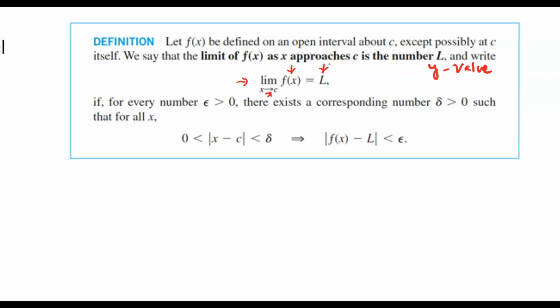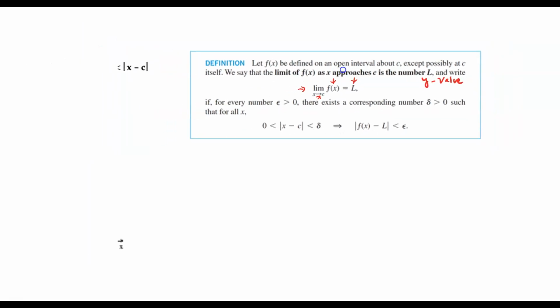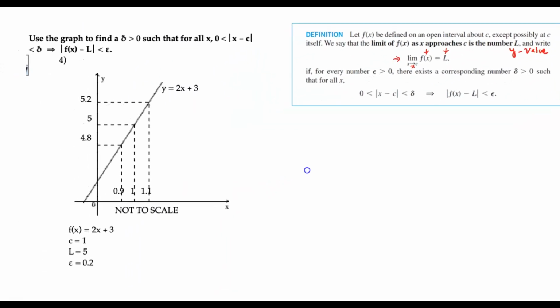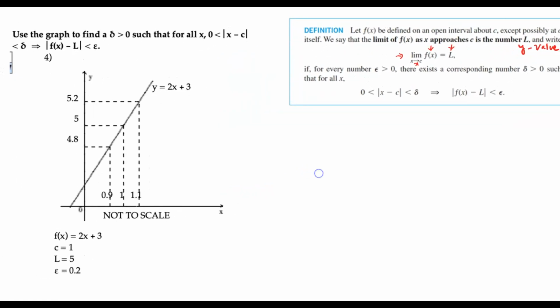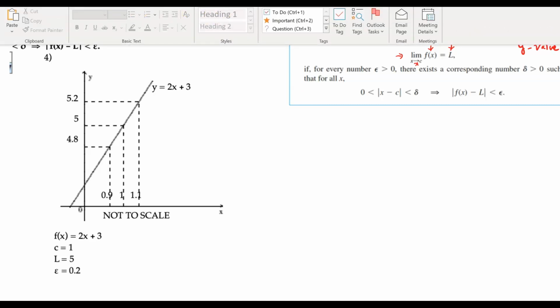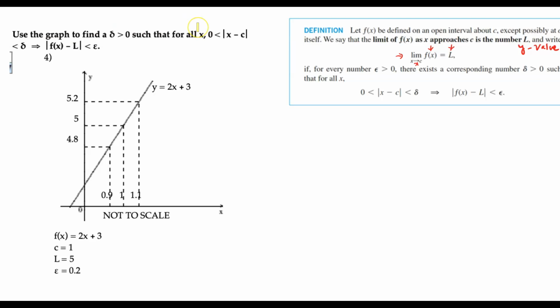But the precise definition, maybe it's a little too technical, but we're going to explain anyway with a diagram. And we've got a really nice example that I think will help you understand this epsilon and delta business. So let me pull out my highlighters. What is delta? Delta is a tolerance level on x.